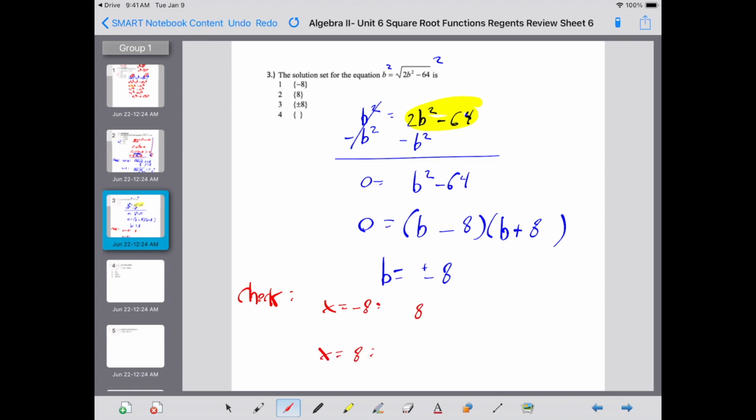So 8 or negative 8 equals the square root of 2 times negative 8 squared minus 64, and positive 8 equals the square root of 2 times 8 squared minus 64. So, alright, we plugged into our original.